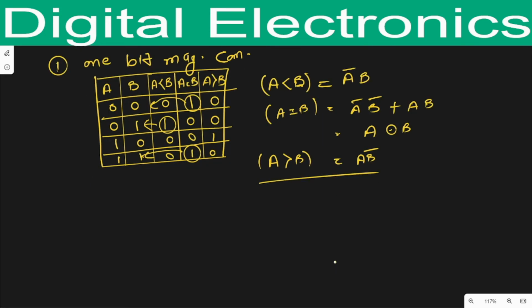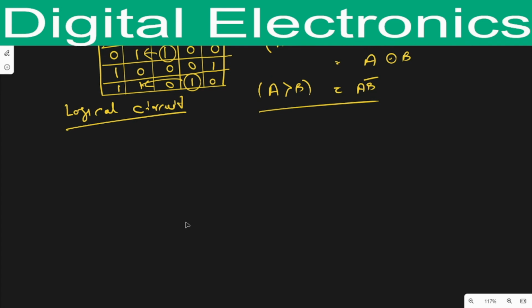So on the basis of these equations, if I want to design a logical circuit, I will take A and take some wire.